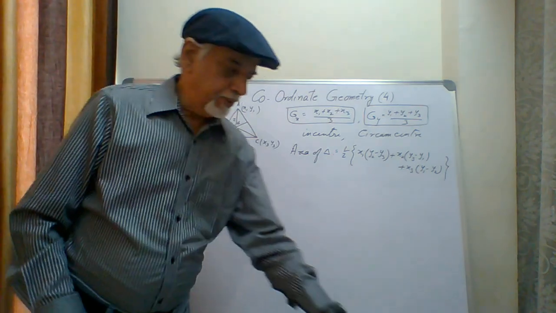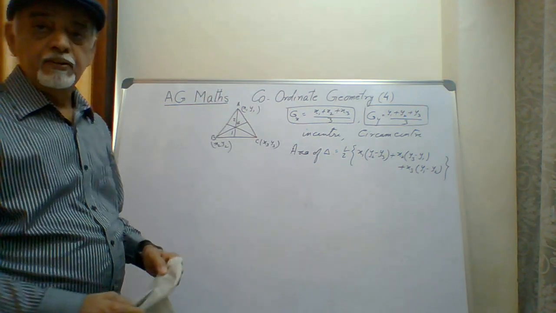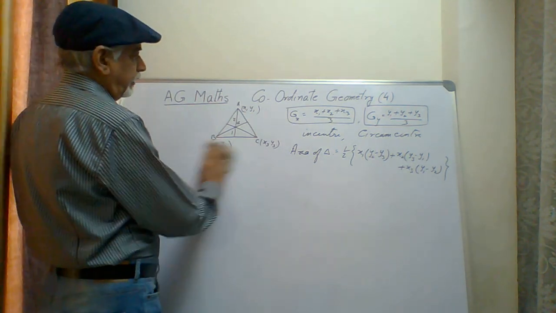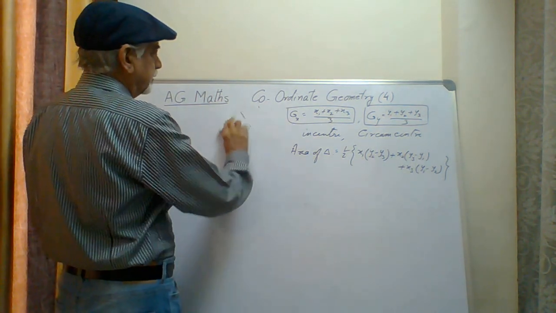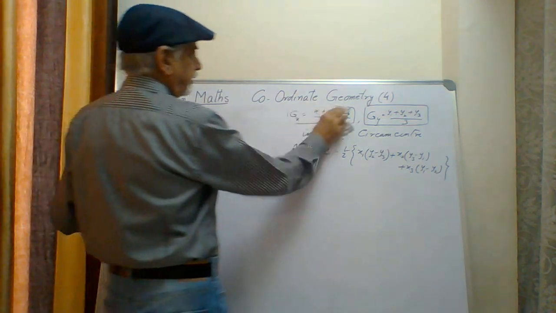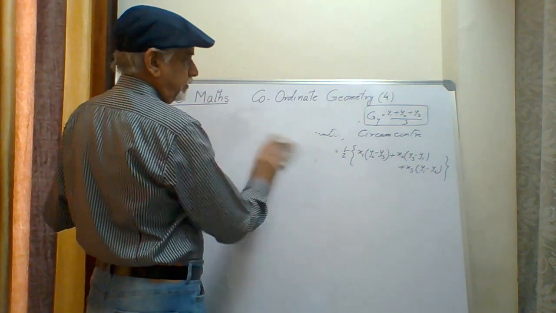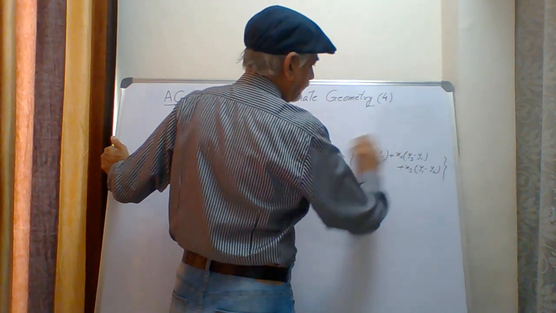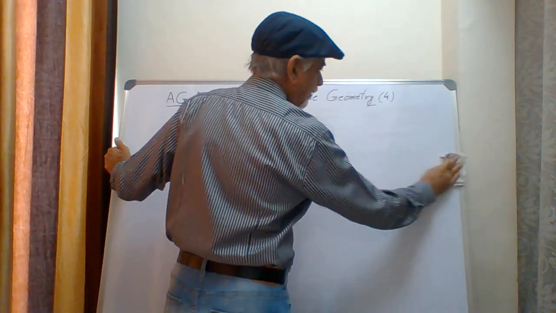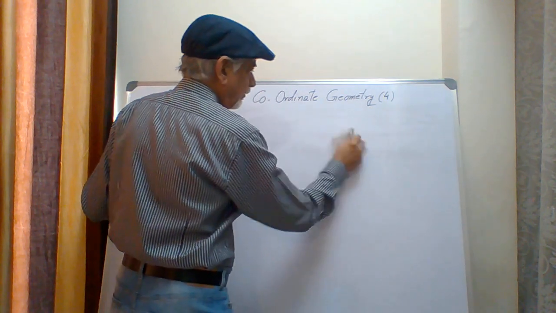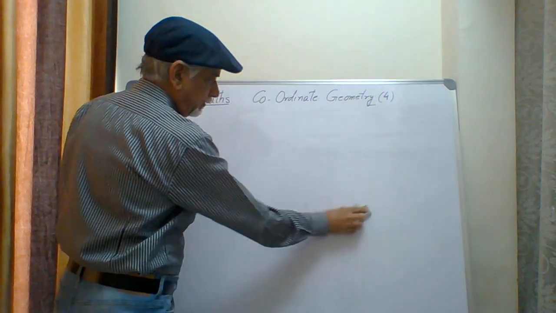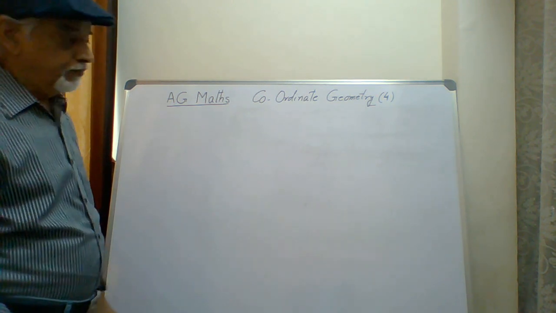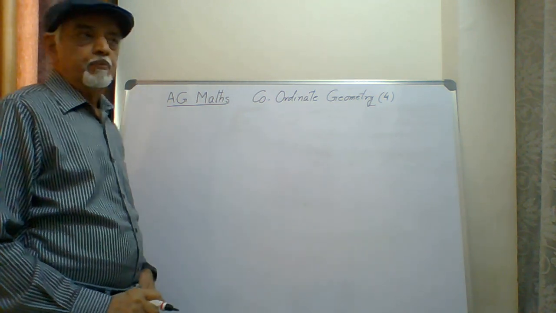I also remember I gave you one small quiz to try at your place, and I hope most of you must have solved it. I give you the correct answer for your verification, and those who could not do it, doesn't matter, because I told you that it is not important to know many answers, but it's important to know how to approach the problem.